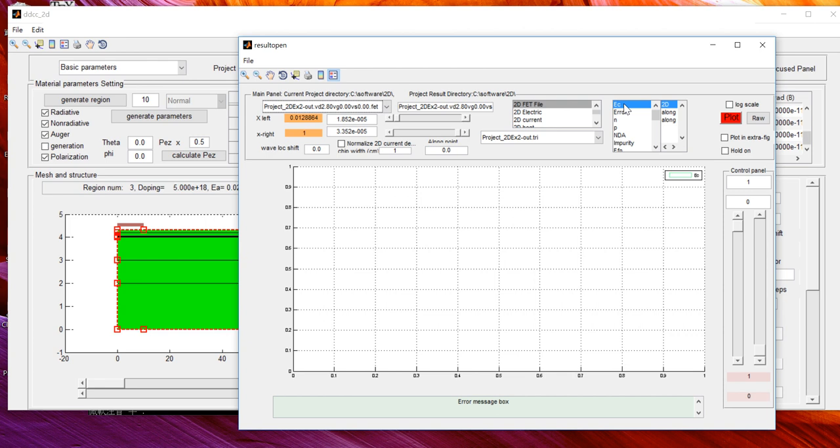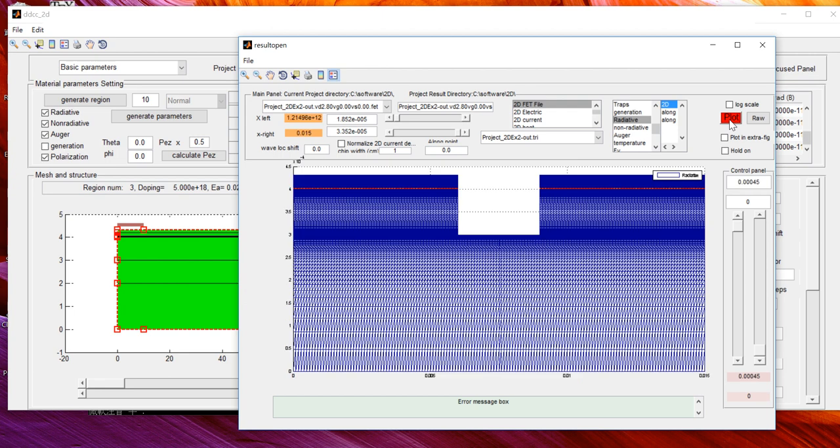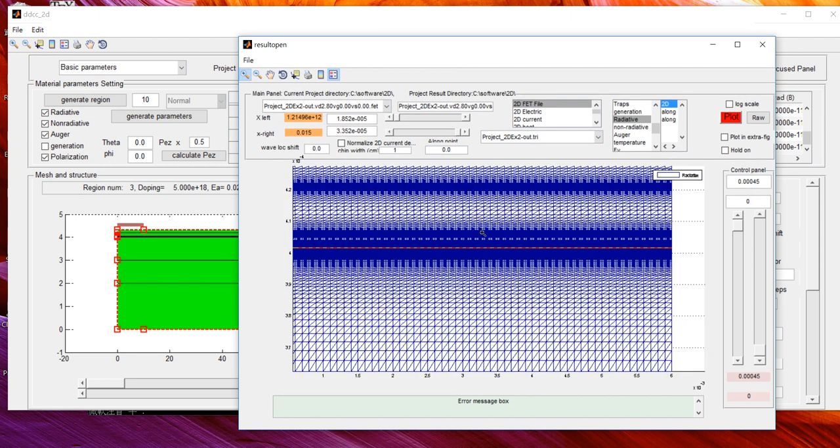Anyway, let's go back to what we are going to see. I think the most important 2D plot is the radiative recombination. You can find the radiative recombination is now spread out. Can you find that the density is very uniform now?